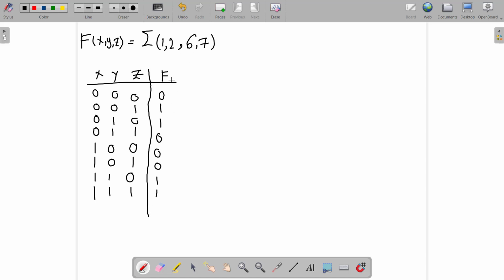According to these minterms, I produce the truth table. Now the procedure is this: we select the last variable for comparing with the output and select the rest of the variables as the selection lines.